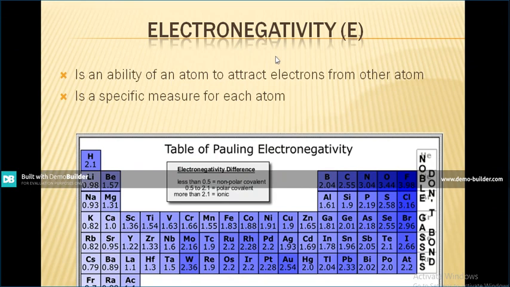Let us follow. Firstly, electronegativity is the ability of an atom to attract electrons from another atom. It is a specific measure for each atom.